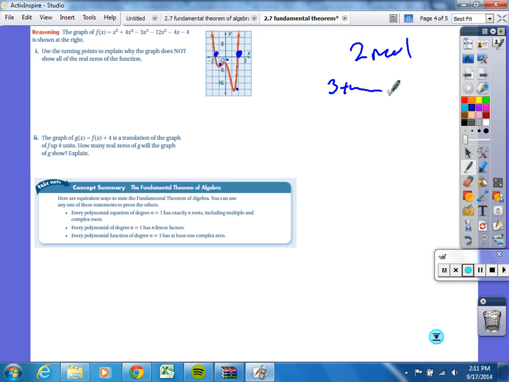The graph, so here's f of x. If I have this exact graph right here, it says the graph g of x equals f of x plus 4 is a translation of the graph up 4 units. What does that do to this thing right there? It moves it up 4, so I have my y-intercept at 0, 0 now, don't I? And notice it says, how many real zeros of g will the graph of g show?